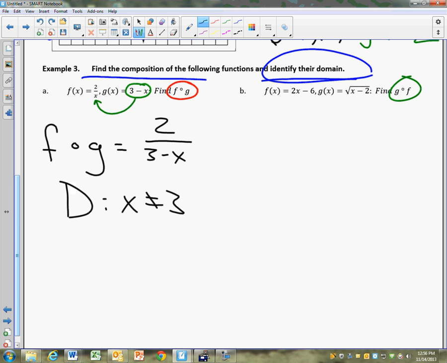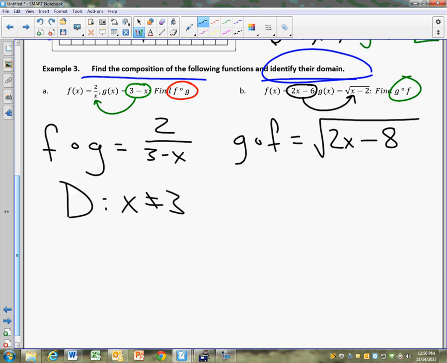So let's do this one. Now we want to do g of f. If I do g of f, I take f, which is 2x minus 6, and I plug that in for x right there. And if I do that, I get g of f is equal to the square root of what? 2x minus 6 minus 2, which is minus 8.